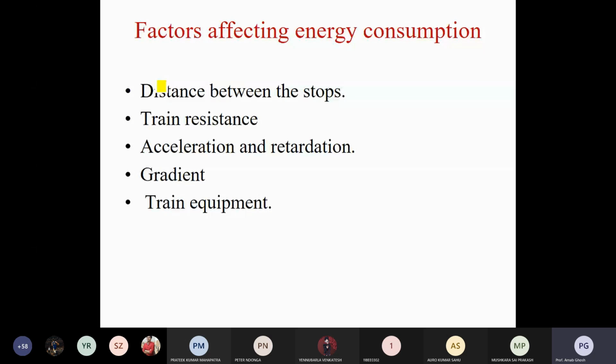If the distance between two stops is less, and you try to perform all the steps, like initial acceleration, then constant speed, then coasting, then retardation, then stop, then the configuration of the switches has to be changed when the motor speed is changing. If all those things happen against your moment of inertia, then definitely unnecessary losses will be high.